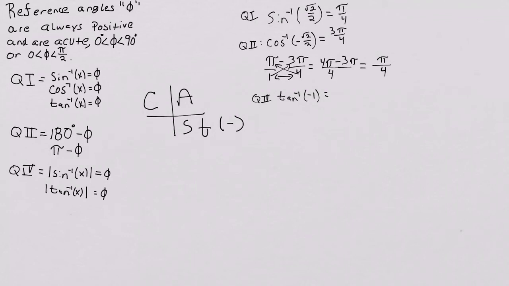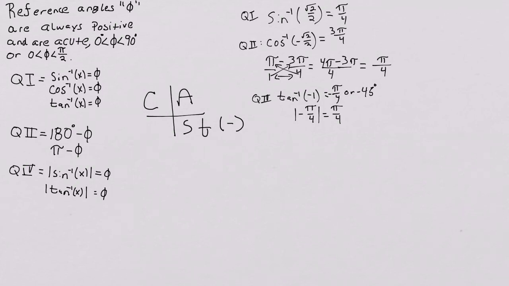If you put it in the calculator, it's going to give you negative pi over 4, or negative 45 degrees. At this point, we can't use negative pi over 4 or negative 45 degrees. Even though it's still an acute angle, it's negative and we want the positive. So we simply take the absolute value of negative pi over 4, which is just pi over 4, and that is what your reference angle will be.